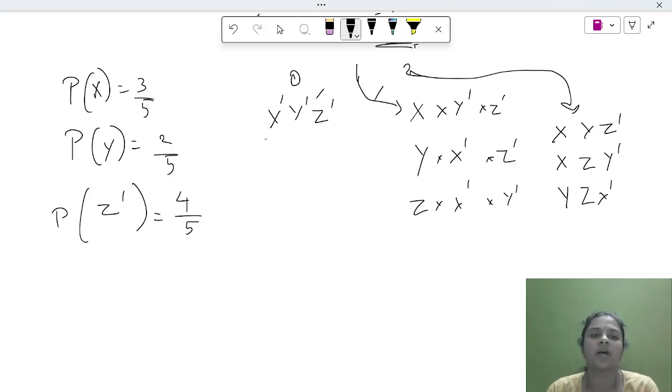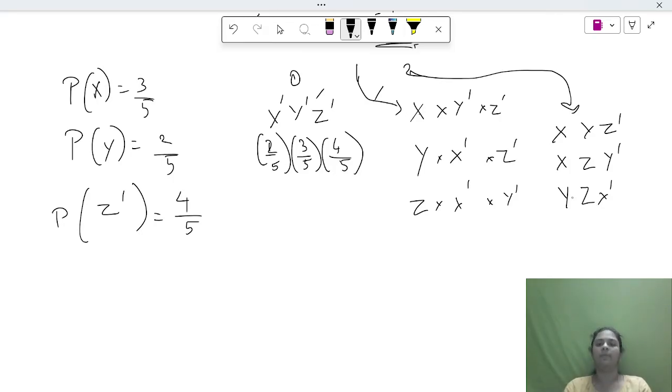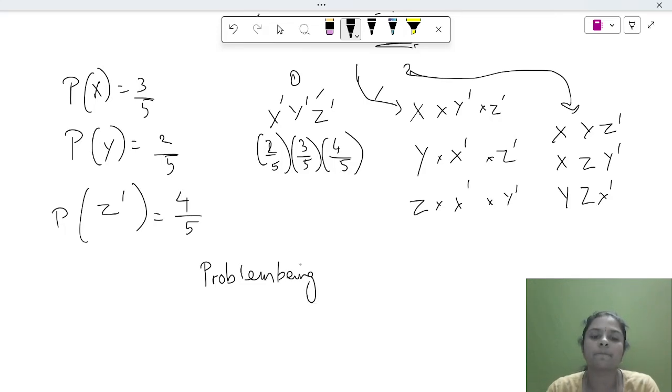X dash is 1 minus 3 by 5, which is 2 by 5. Y dash is 1 minus 2 by 5, which is 3 by 5. And Z dash is already given to you, 4 by 5. Like that you can multiply the individual probabilities. Now in the same question, find the answer of the problem being solved.